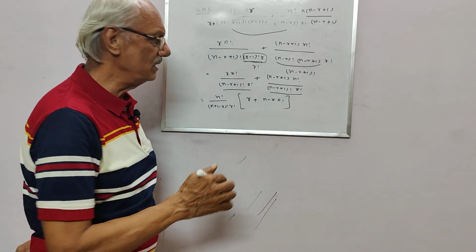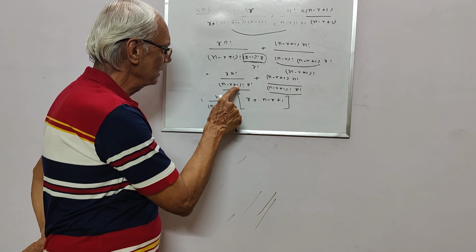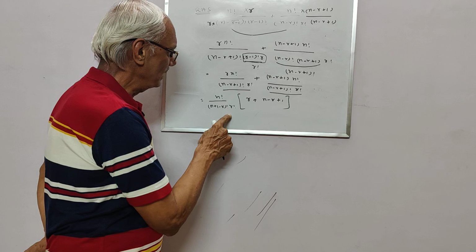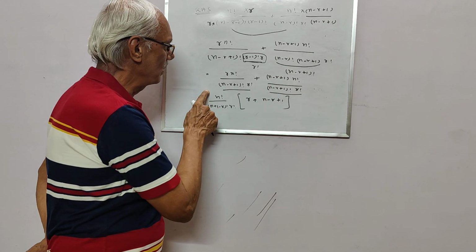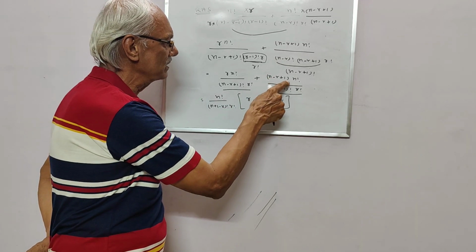So what have I done here? I am writing this as n plus 1 minus r factorial, then n factorial is common outside. Inside the bracket you have r plus n minus r plus 1.